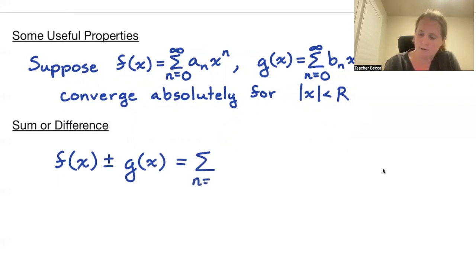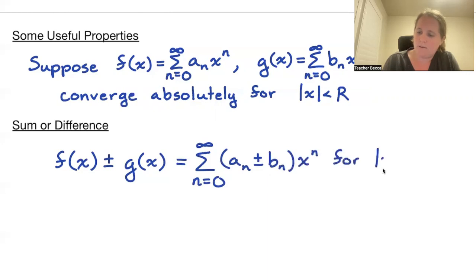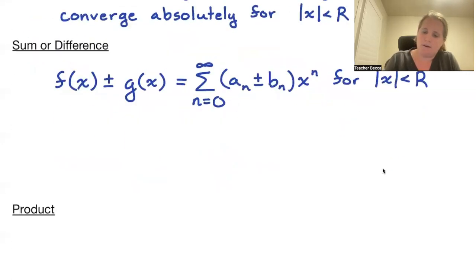So this is the sum from n equals 0 to infinity of a sub n plus or minus b sub n times x to the n for absolute value of x less than r. So essentially we can add Maclaurin series term by term.